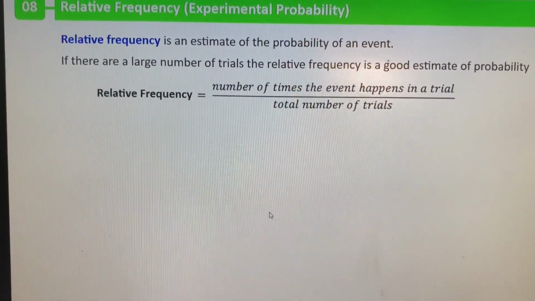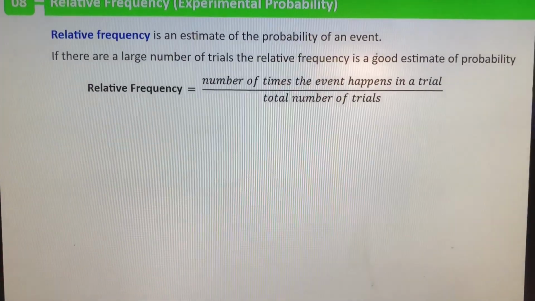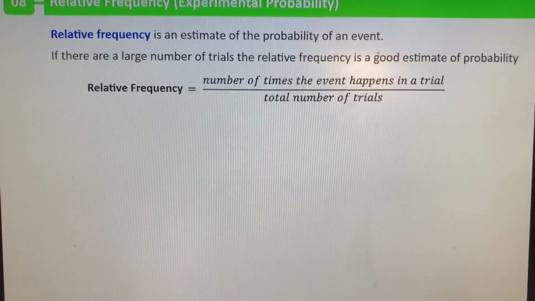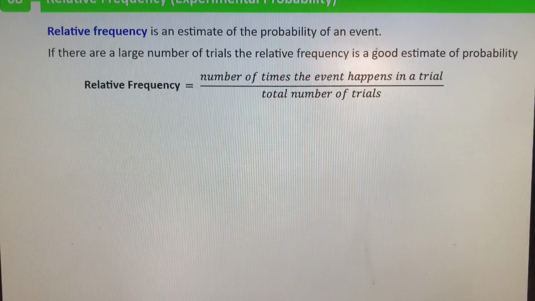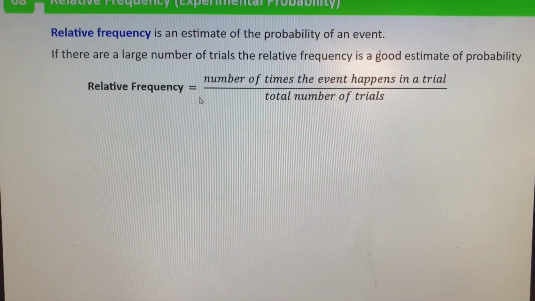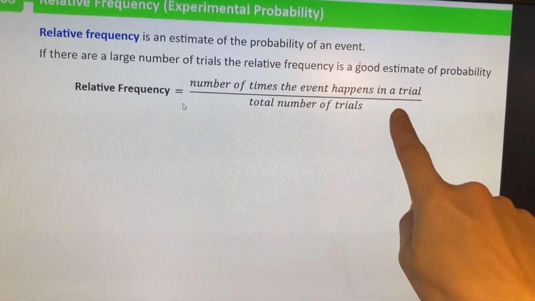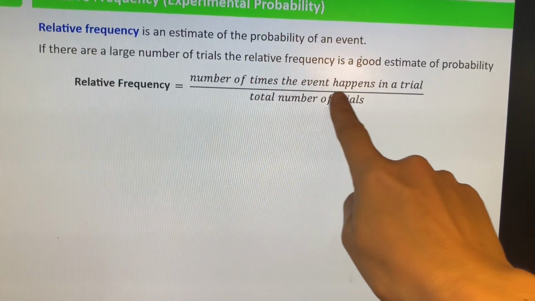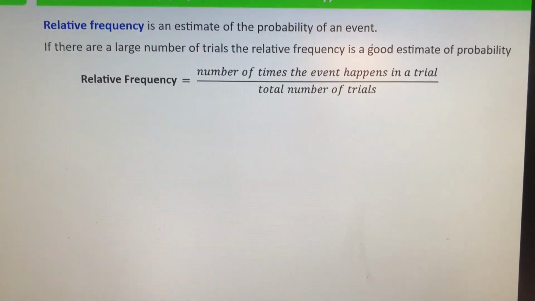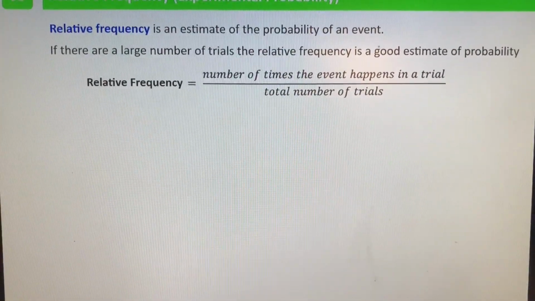So let's have a look at what the actual formula is to find our probability in terms of the fraction, the decimal or the percentage that we know is required to describe probability. Okay, the relative frequency is, and here we have our fraction format again, on the top of the fraction, the numerator, the number of times the event happens in a trial.